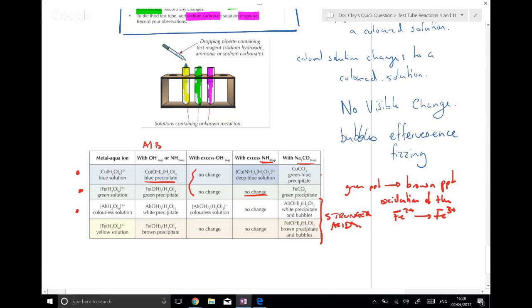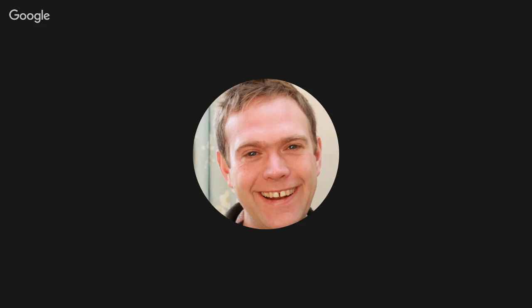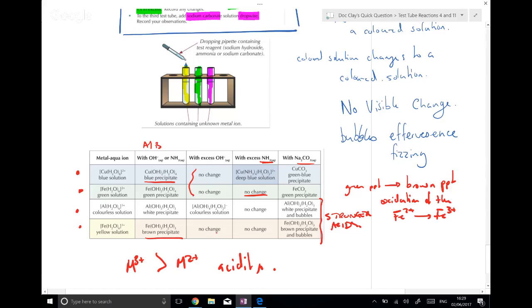So the Mn2+ and the final one, Fe3+. Here with the addition of excess hydroxide to dropwise, there's no change with the ammonia, and then we get a brown precipitate and bubbles forming.